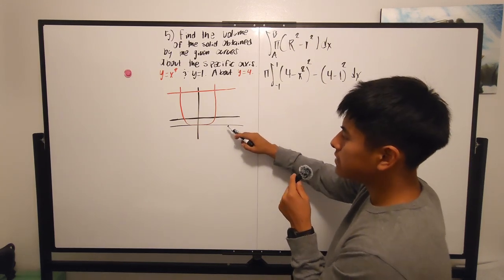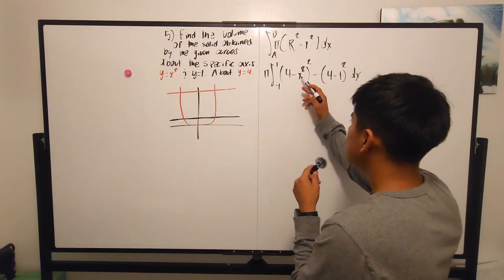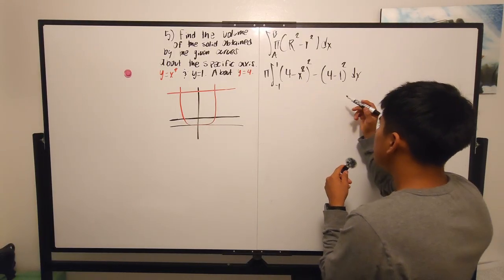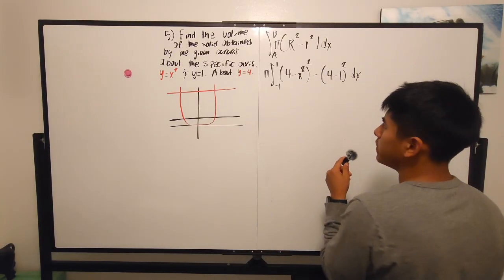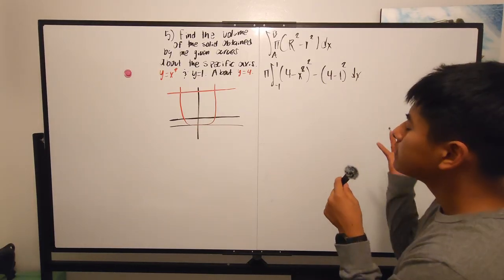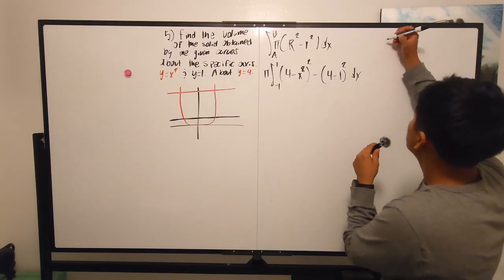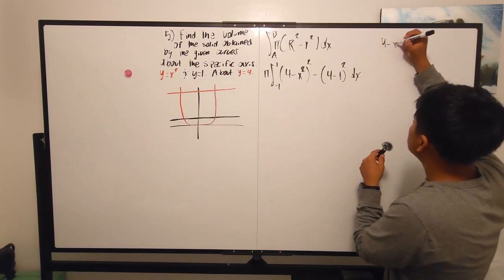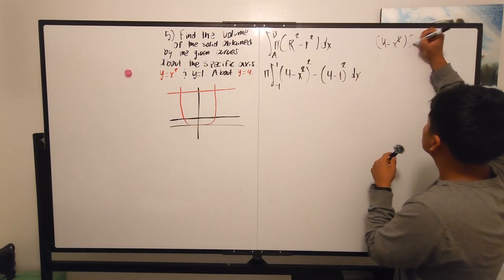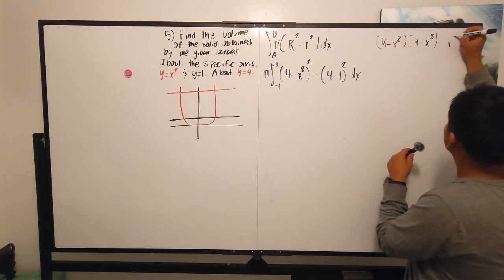If we were rotating about the x-axis, I wouldn't have done anything to this. I would have just done x to the 8th squared minus 1 squared. Okay. So anyways, now we have this. Now we're going to FOIL this out. So we have 4 minus x to the 8th times 4 minus x to the 8th.